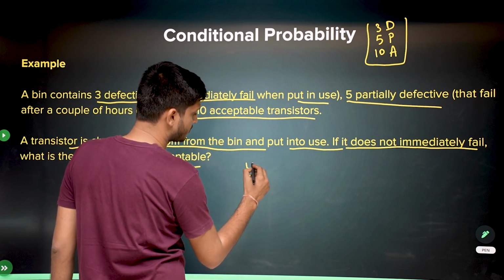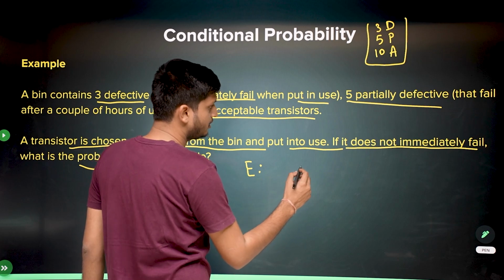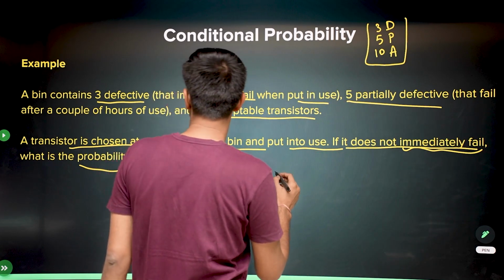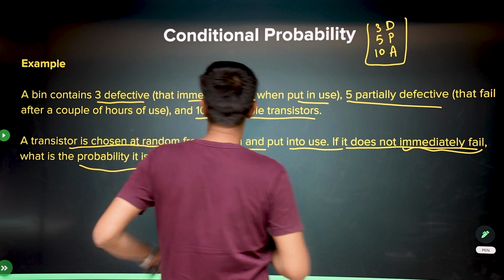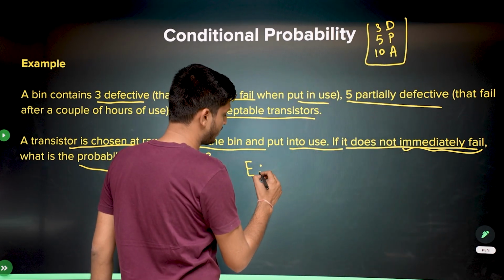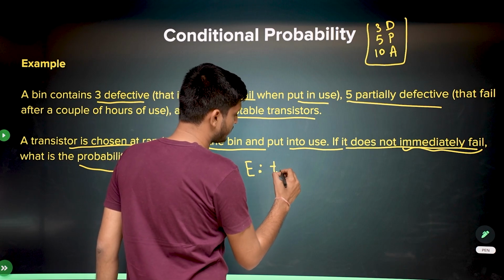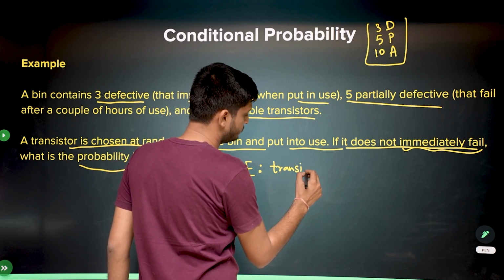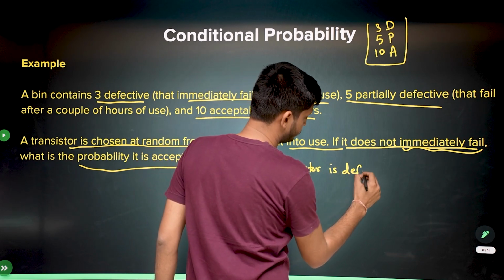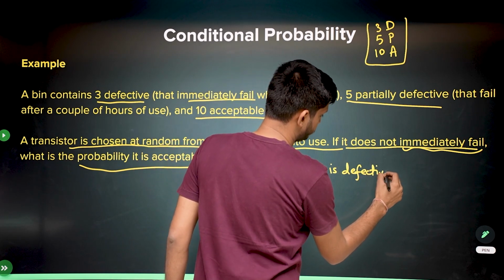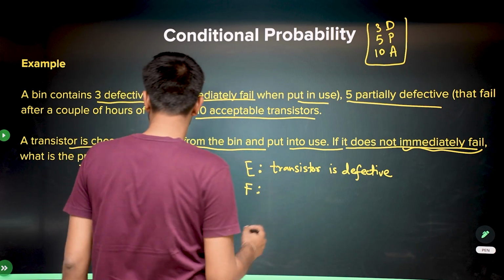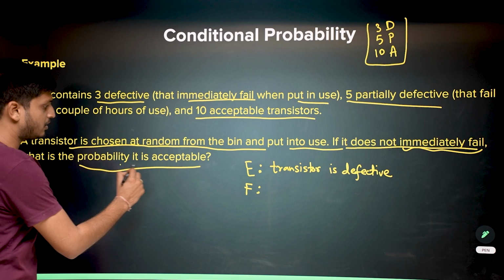Let's say there are 2 events. Immediately fails is defective only, right? So let's say event E is the transistor is defective. And the event F is that it is acceptable.